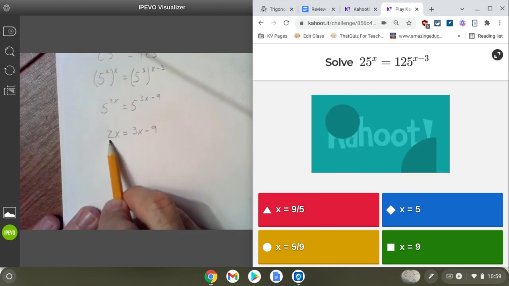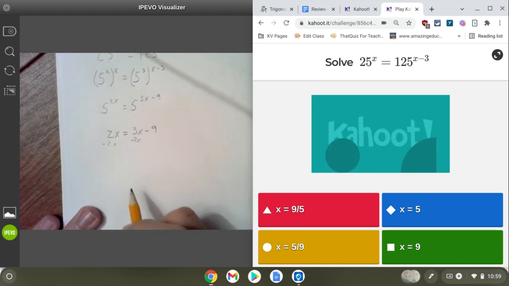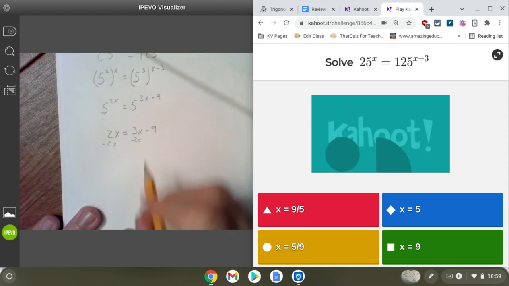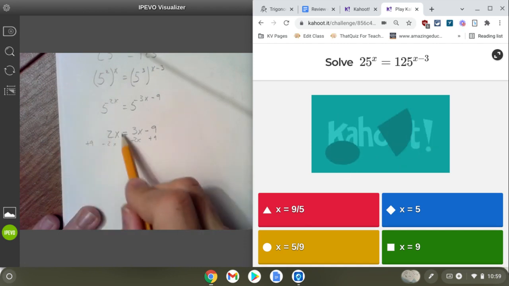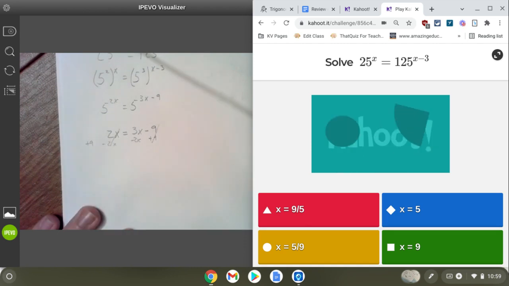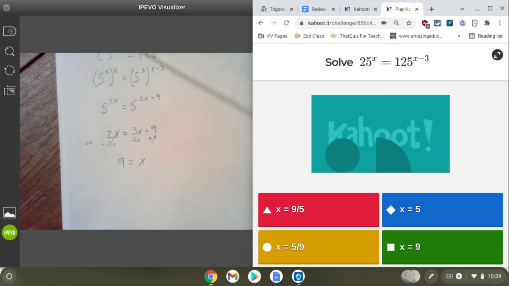I'm going to move my 2x over here, so subtract 2x. And I'm going to move my 9 over to the left side, so add 9. Cancel, cancel. I'm going to have x on the right and positive 9 on the left. And that's my answer.